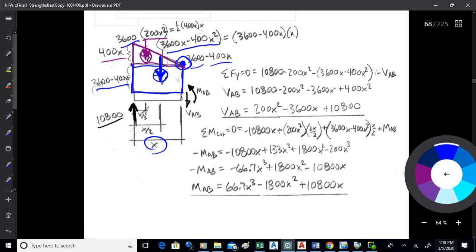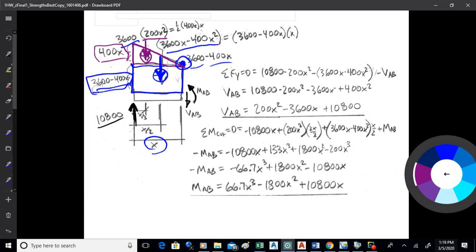And then based on that, you can come up with the height of the rectangle, which is 3,600 minus 400x, and the height of the triangle, which is just 400x. Okay. So we're good with that?